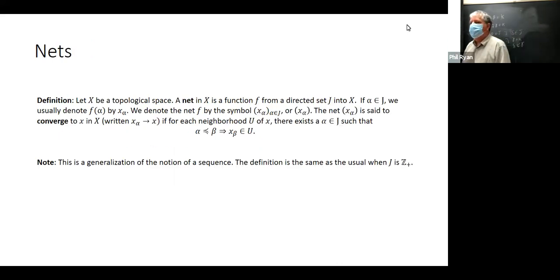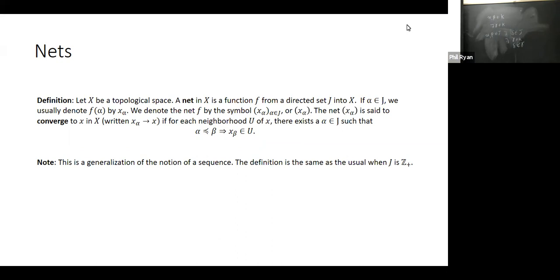So here's the idea of a net then. This is what we're going to do to generalize the notion of a sequence. And this gives us the same definition as the sequence that we're used to if we take the directed set to be the positive integers. Okay, so X is a topological space.